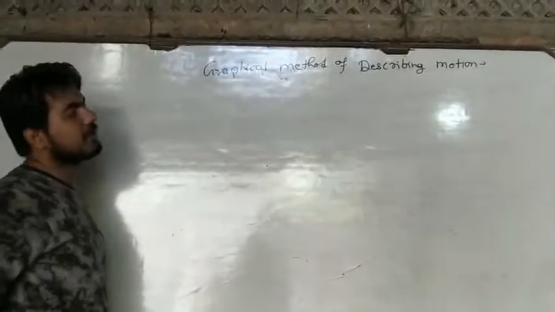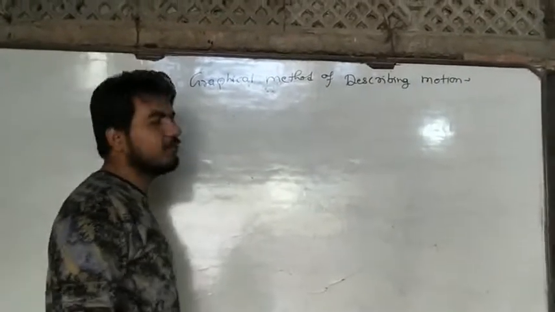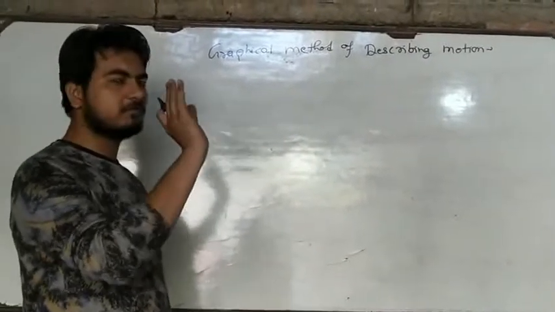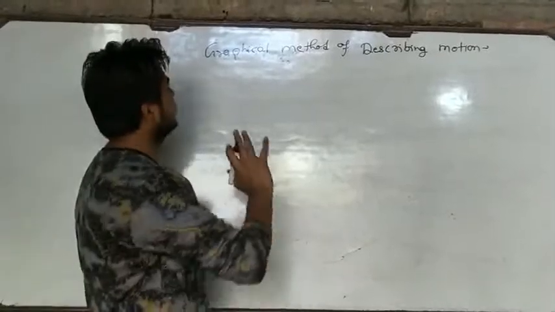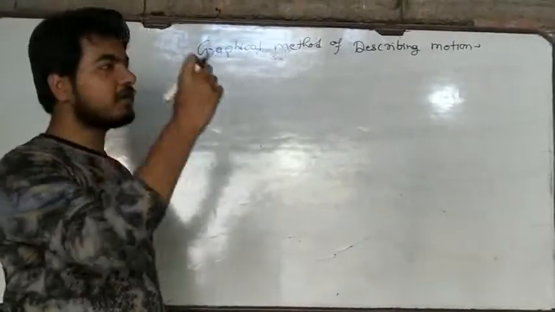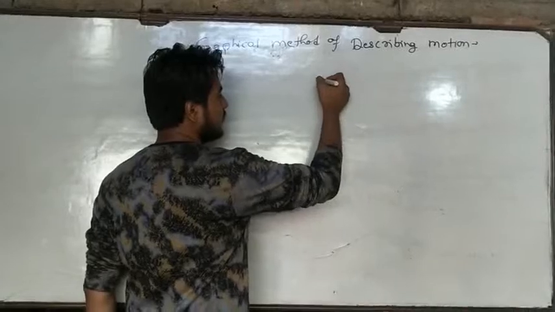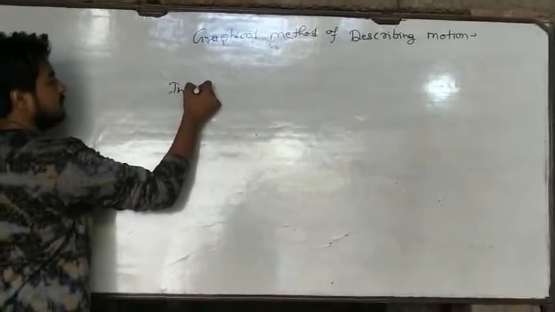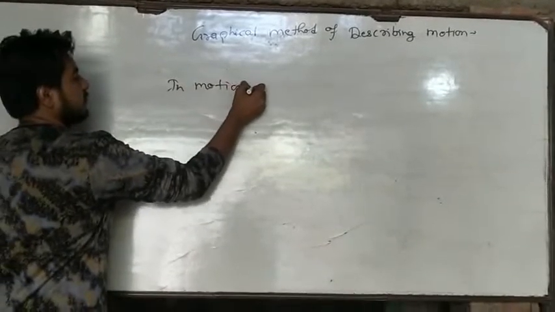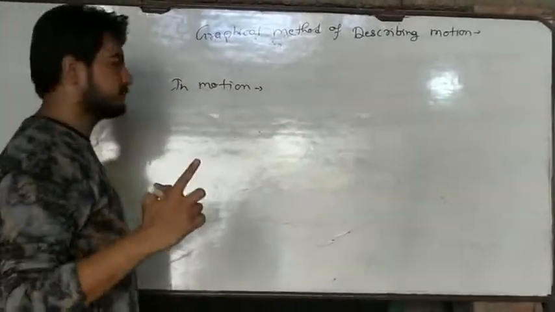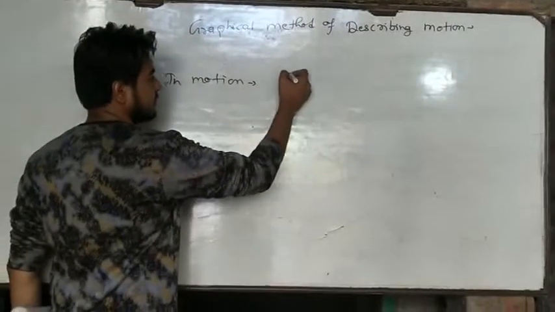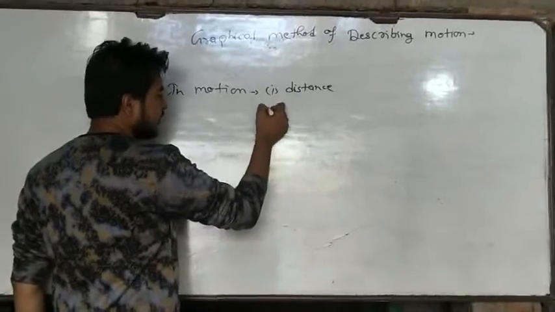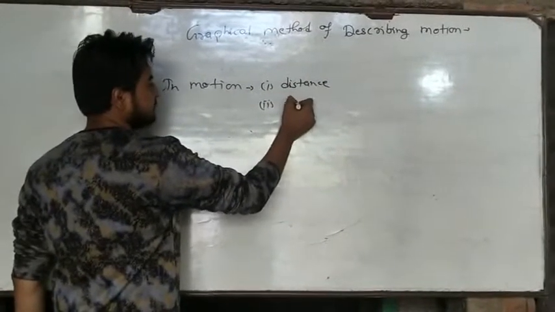Graphical method of describing motion. So we already know about motion. What is motion? If one body is moved from one position to a final position, this is called motion. So representation of motion on a graph. In motion we have two axes. First is distance, and second one is time.